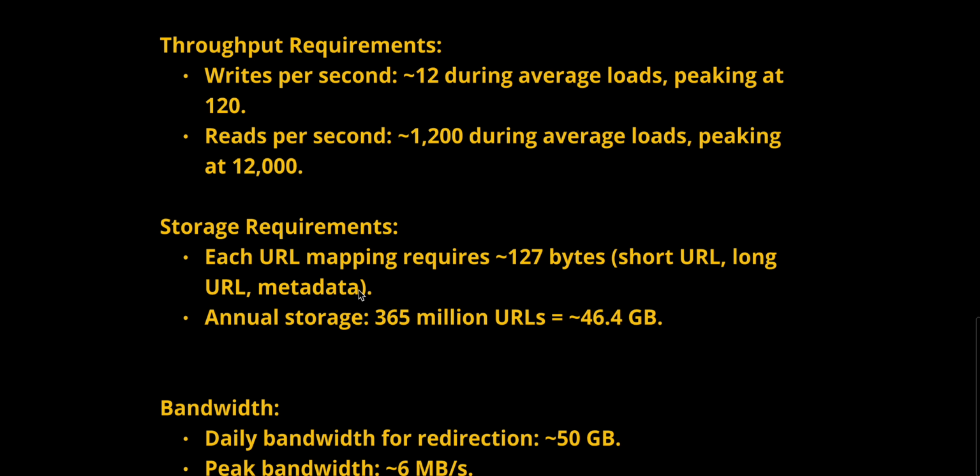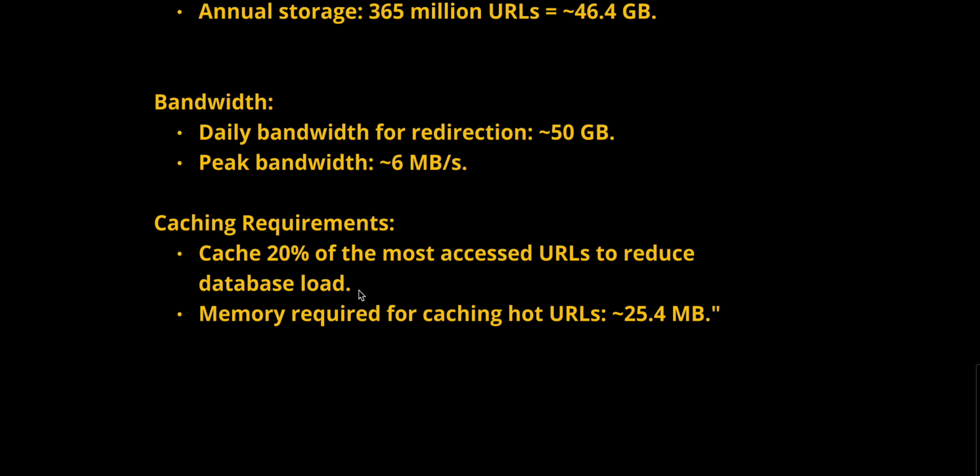For the short URL, long URL and metadata, we have annual storage for 365 million URLs of about, let's assume, 50 gigabytes. So we don't have that much storage; storage is pretty low. If we want to talk about the bandwidth, daily bandwidth for redirection will be about 50 gigabytes, and peak bandwidth will be about 6 megabytes per second.